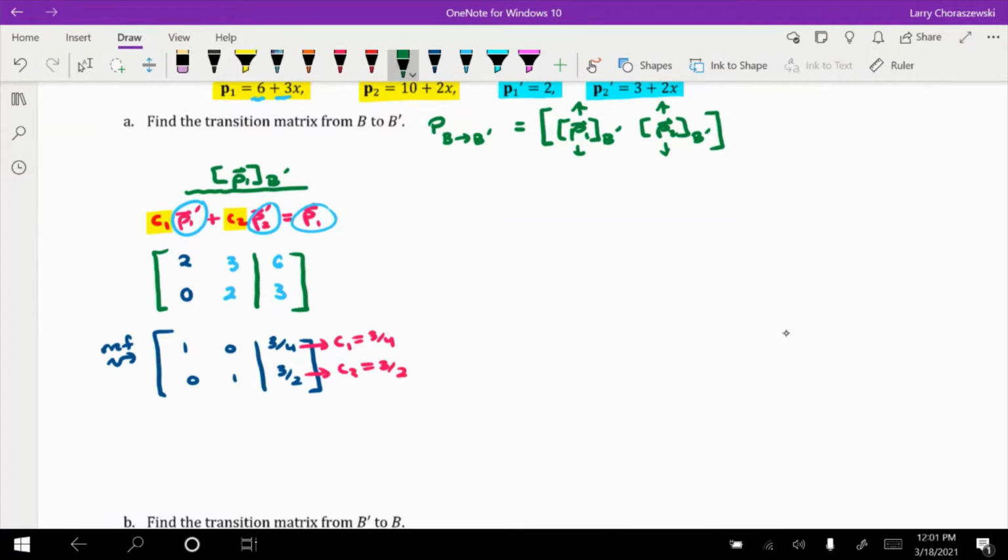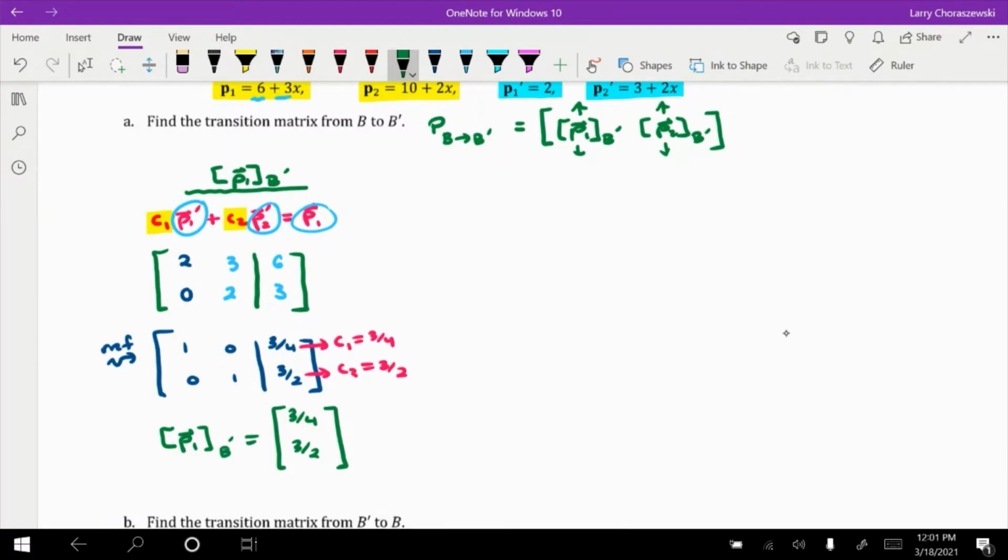Therefore, the polynomial vector P1 relative to the basis B prime can be written in column vector format with these two values, 3/4 and 3/2. And this is going to be column 1 of our transition matrix.